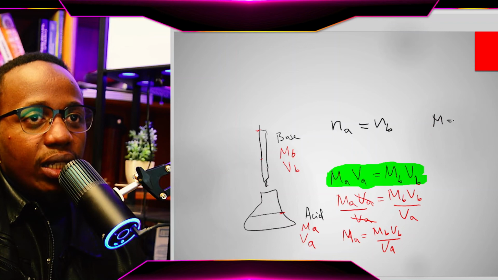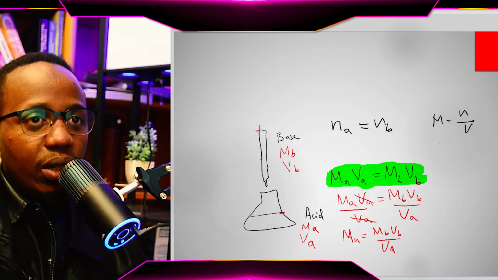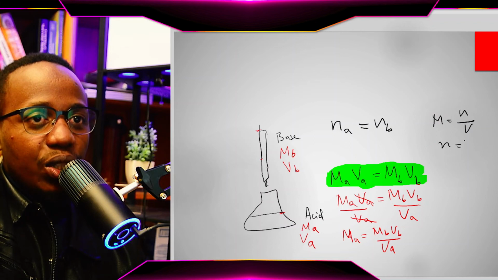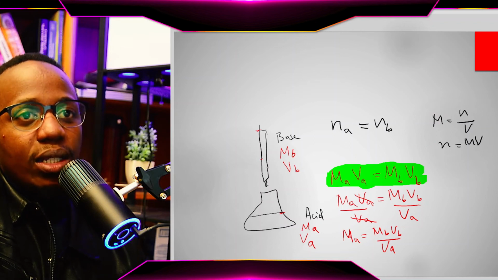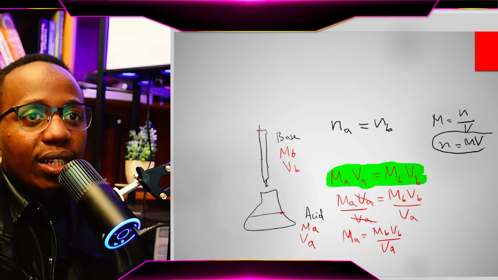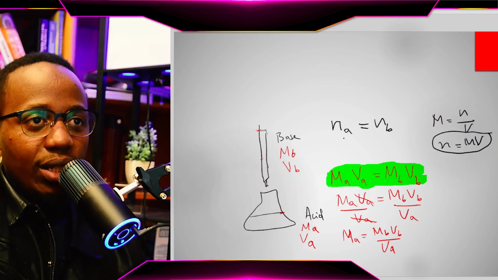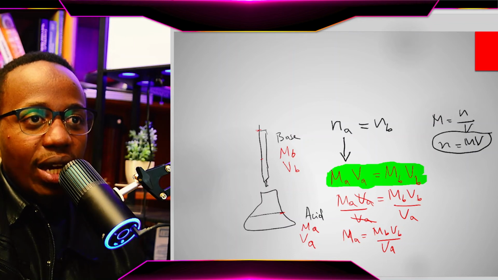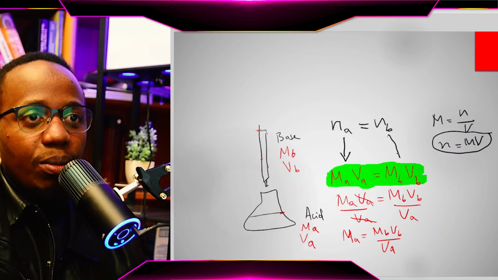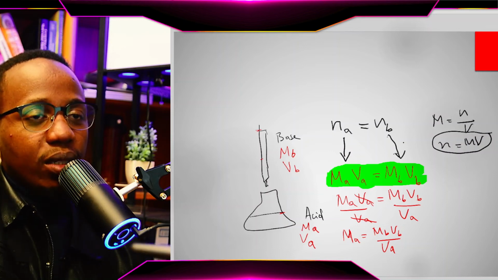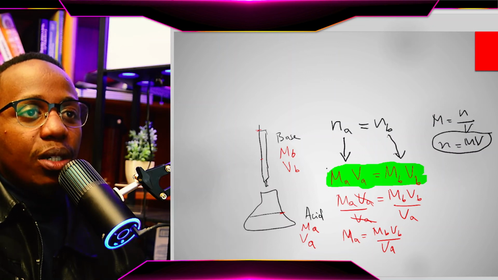Remember, molarity is equal to the number of moles over volume. If we move this around, the number of moles is equal to the molarity times volume, right? So the number of moles of acid is equal to the molarity of the acid times volume of the acid. The number of moles of base is equal to the molarity of base times volume of base. So that's where it comes from.